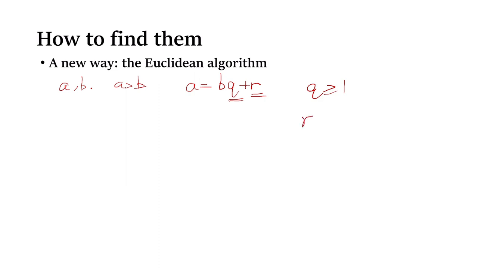R must be greater than or equal to 0, but it must be less than B. Okay? So for example, let's say A equals 8, B equals 3. So you should now say Q equals 2, right? R equals 2.